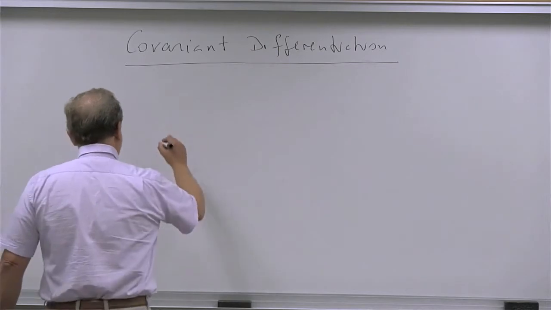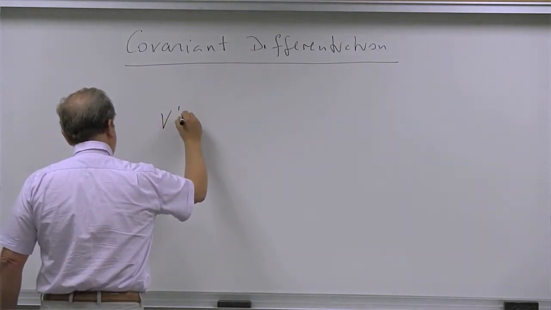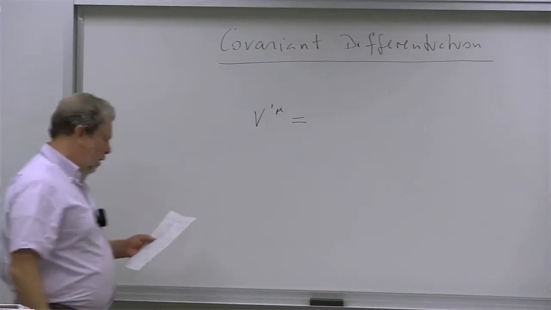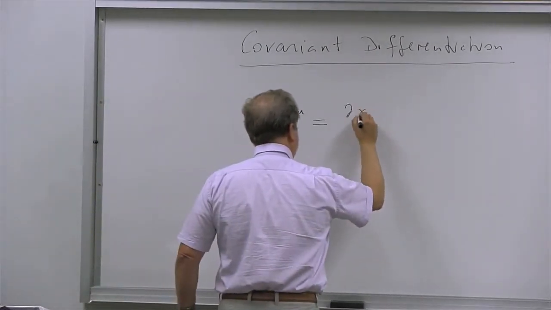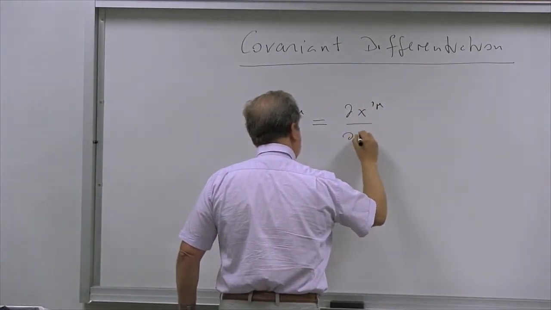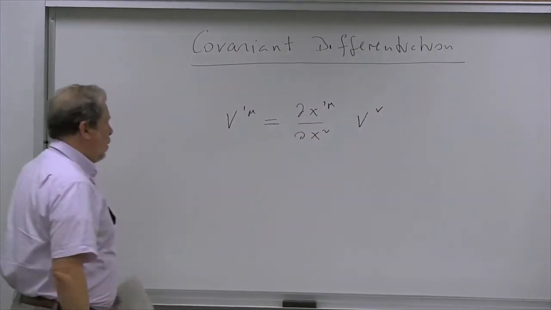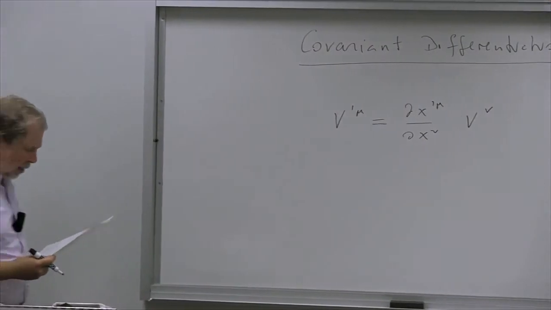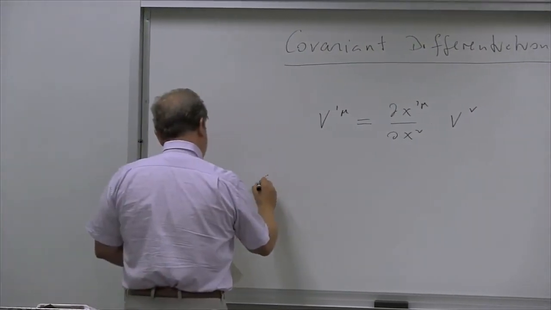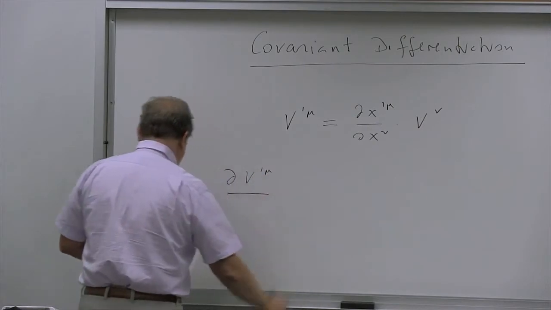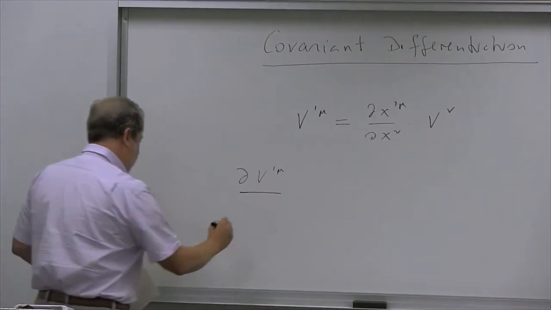So let's consider a vector which is v prime mu. Now, if this vector is contravariant, then its change is given by dx prime mu by dx nu times v nu, right? And so what we want to construct is now the derivative of this thing. And so we're going to write down the derivative of v prime mu with respect to x prime nu.